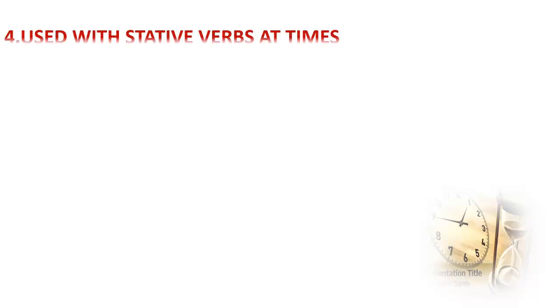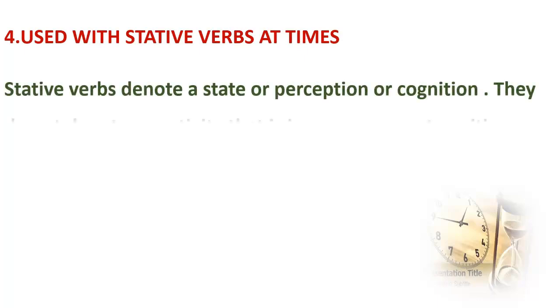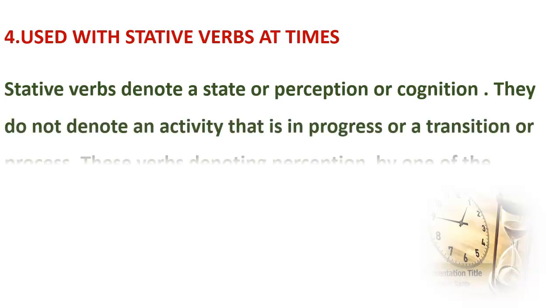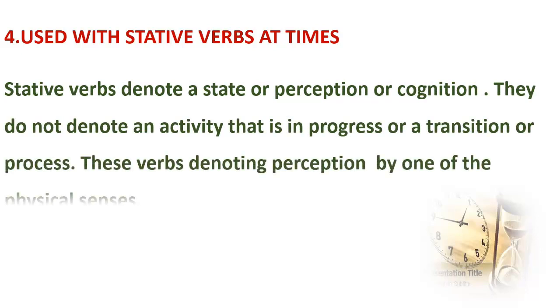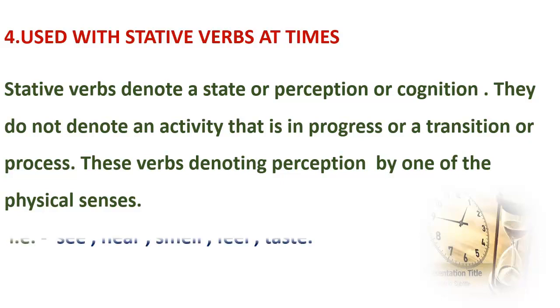Simple progressive form used with stative verbs at times. That means sometimes we can use simple progressive or continuous with stative verbs. Then first let's understand about stative verbs. It is described in simple present tense form, children. Stative verbs denote a state or perception or cognition.